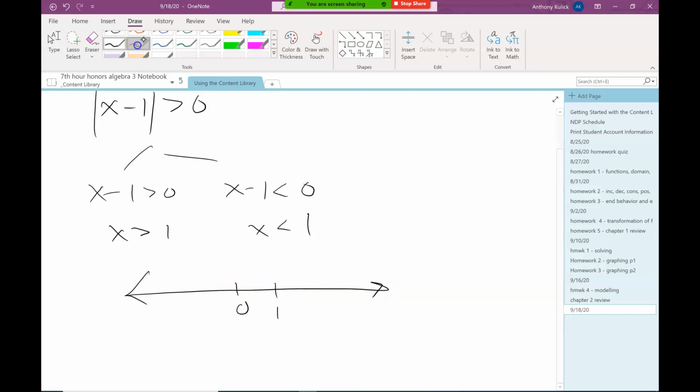Here's 1. So this one, I have that inequality, right? And then we'll do this one in the green. So this one, I have that inequality. Is there any overlap here? No, right? Because even at 1, it's an open circle on each. So there's no place where these both overlap.